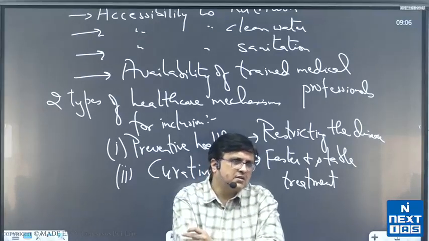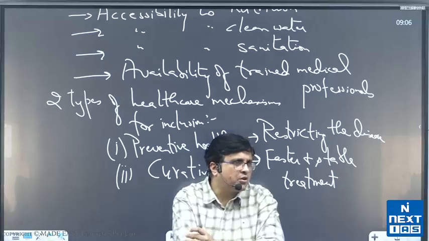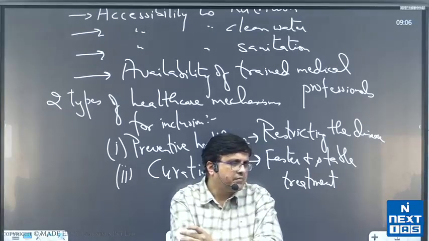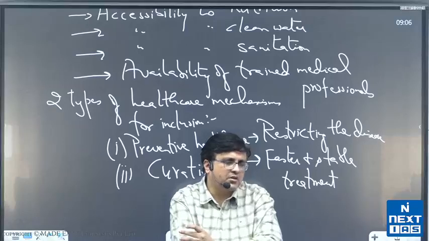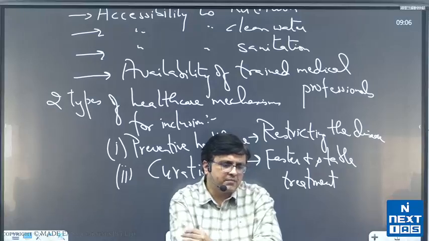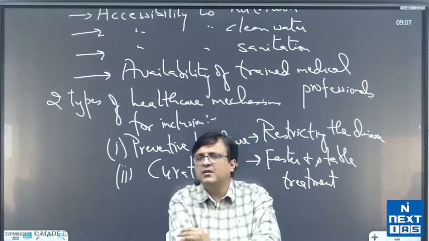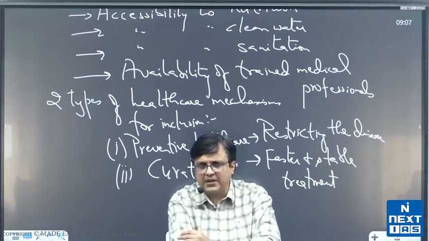So first, population growth can be high, which restricts per capita income.